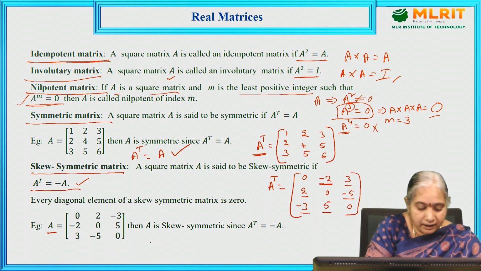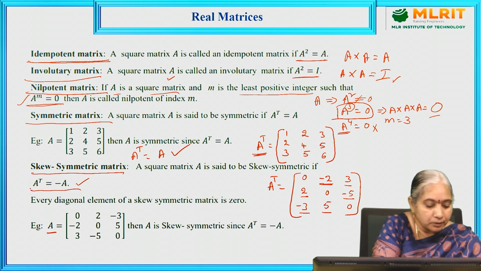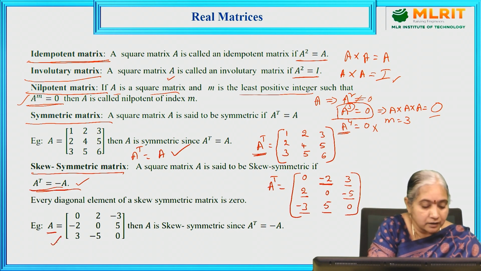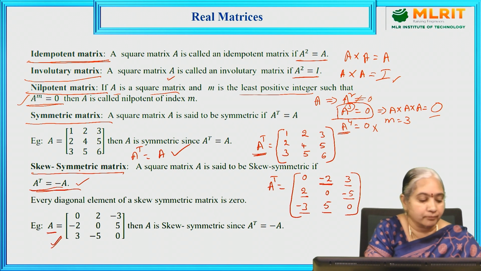That means, here A transpose equal to minus A. This property is satisfied, so the matrix A is said to be a skew symmetric matrix.